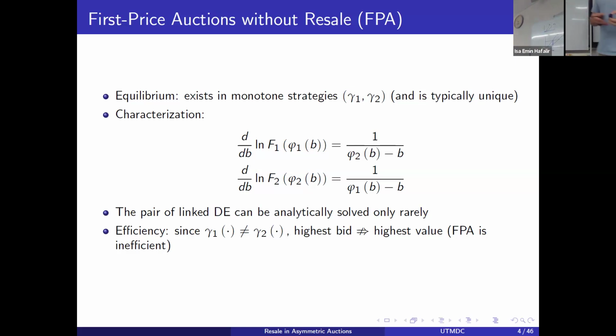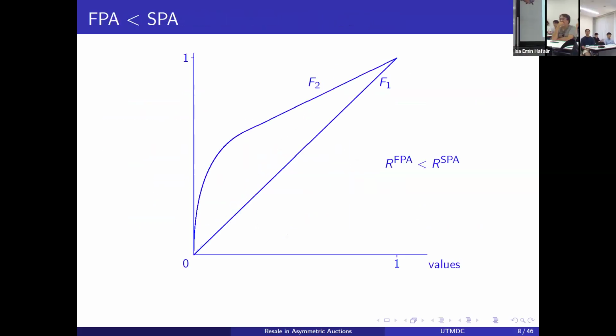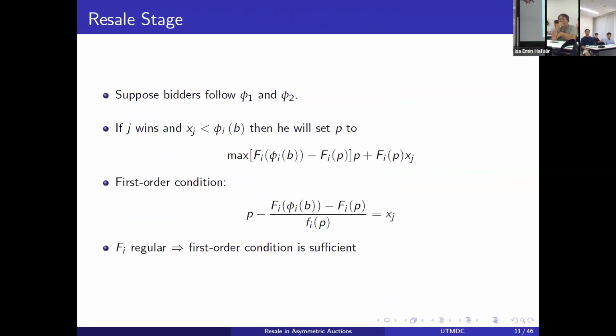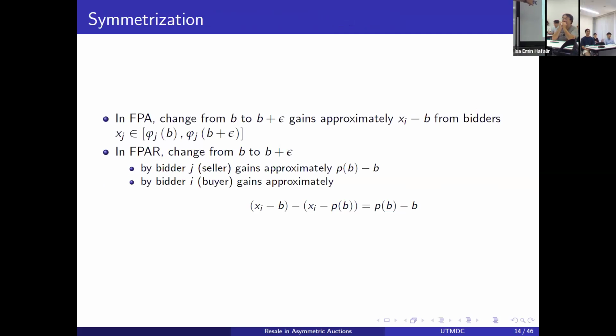But now with resale, this is different because of the resale institution, and this is what I will show you with symmetrization. So consider a change from B to B plus epsilon. This is the idea for without resale. But now think about this with resale.